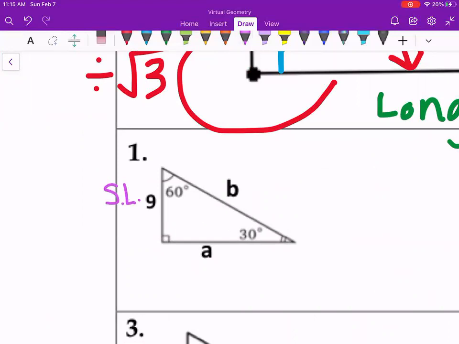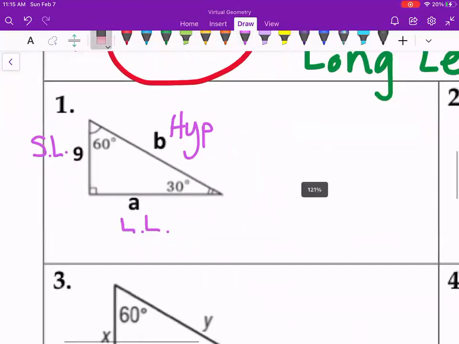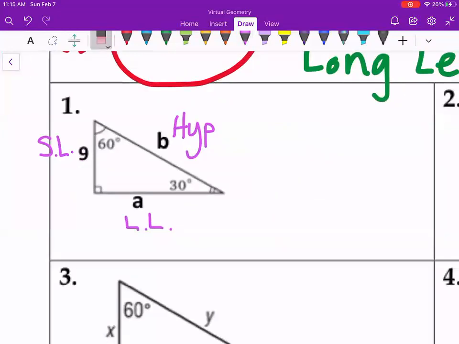Now I need my long leg. Find the 60. Straight across from the 60 is the long leg. Hypotenuse is always across from the 90. So now let's find the formulas. First off, let's say I need A. A is the long leg.